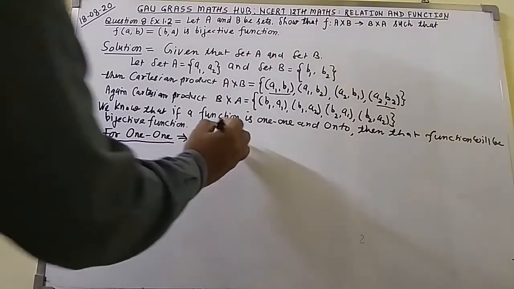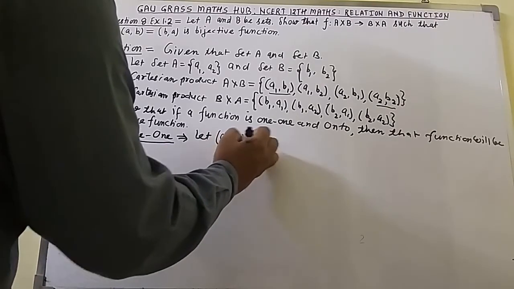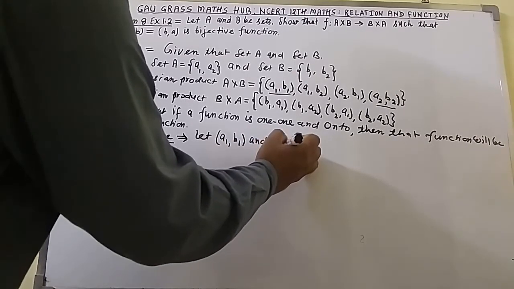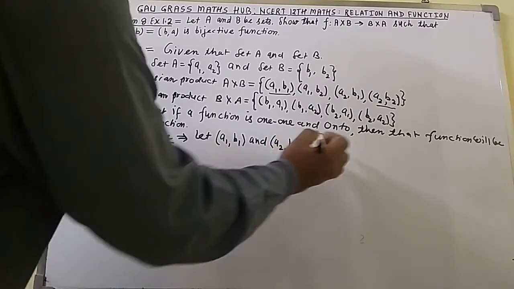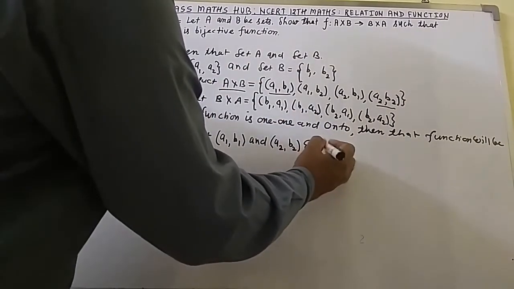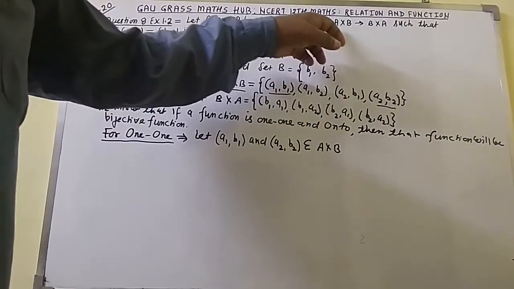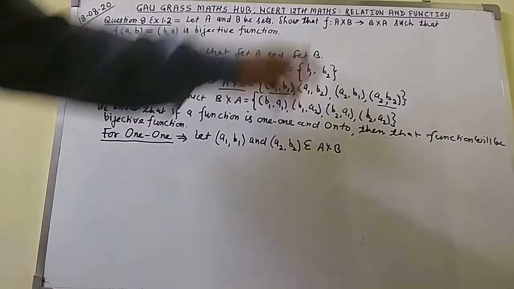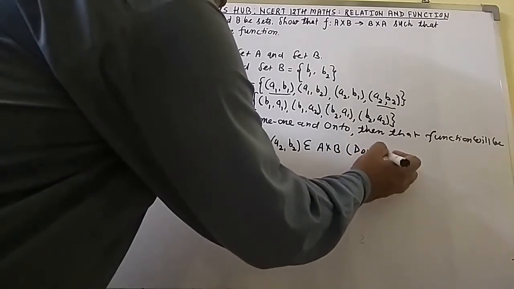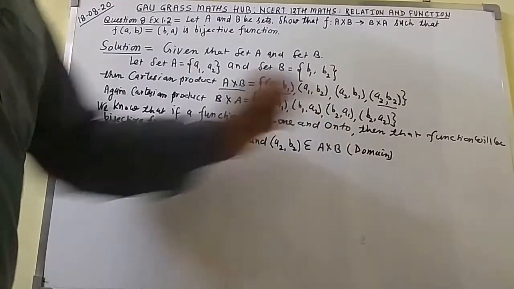Let the ordered pairs (A1, B1) and (A2, B2) belong to the Cartesian product A cross B. Here you can see in the function, A cross B is the domain.